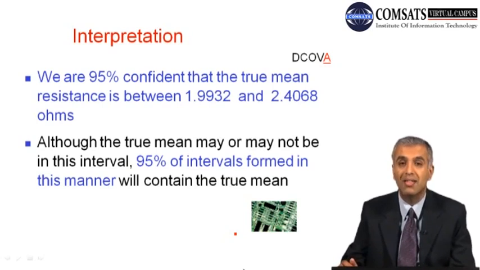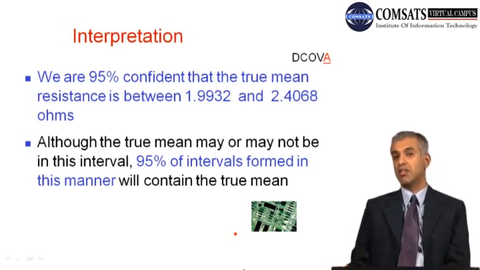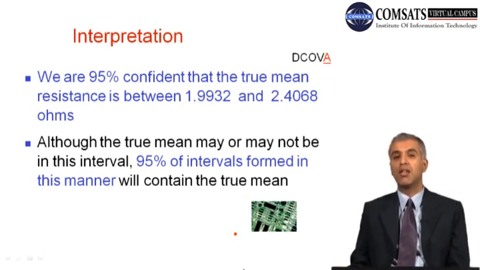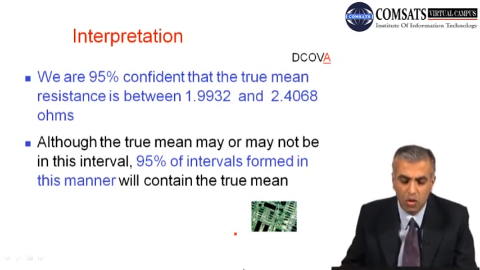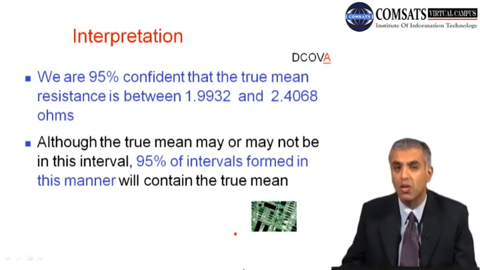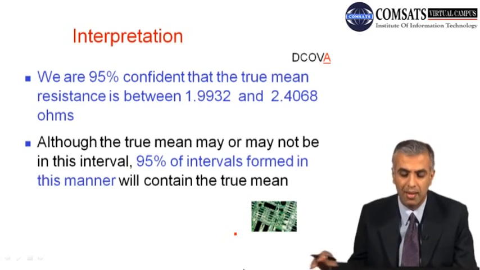Normally we cannot say for sure what's the exact true mean, because again we are dealing with probability here. Once we are dealing with probability, we are never sure of the exact value. So that's why we can only say how much percent we are confident in our findings here.